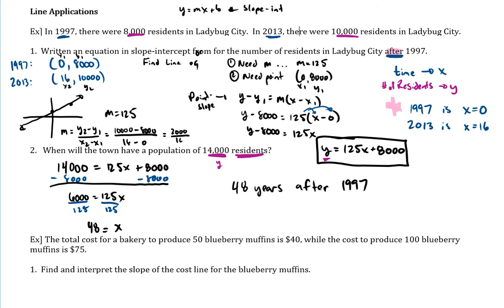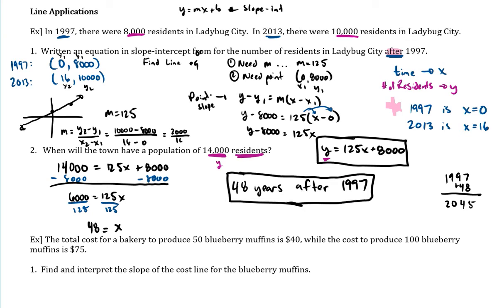Or we could do the addition like we did to figure out what 16 was and say, well, 1997 plus that 48, that would give us the calendar year. So we'd have 2045 is what it looks like.